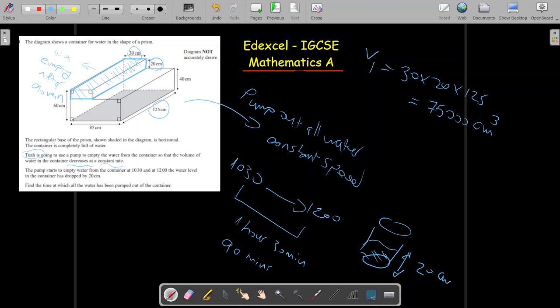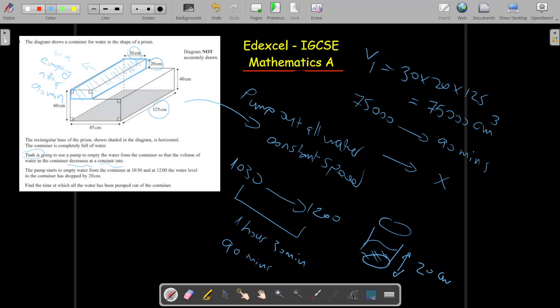Now what we need to do is compare. Volume 1, or 75,000, required 90 minutes to be emptied. So what I need to know right now is the rest of the information that helps me do a cross multiplication. I need to know how much time it takes to empty the rest of the volume.